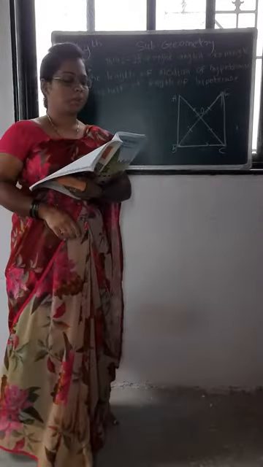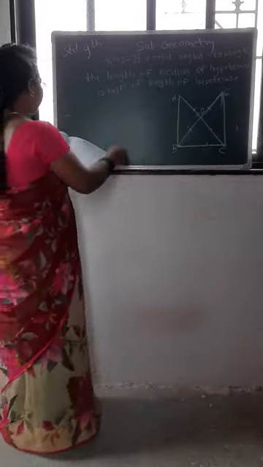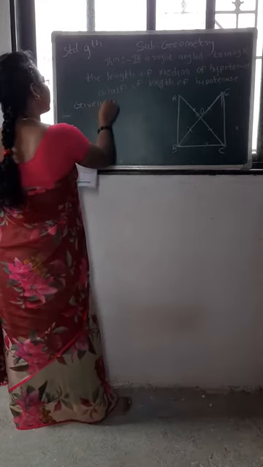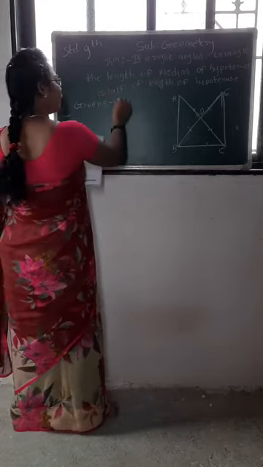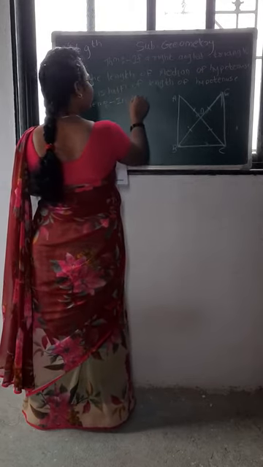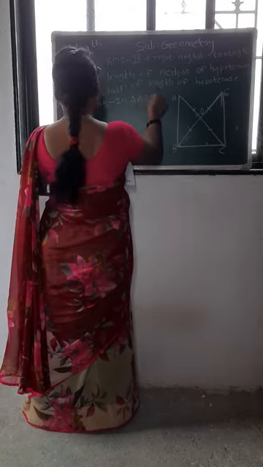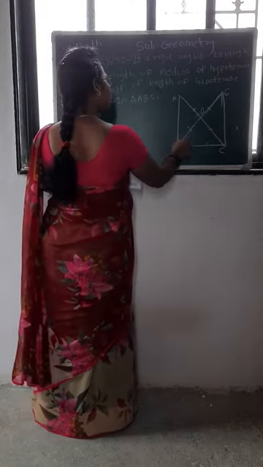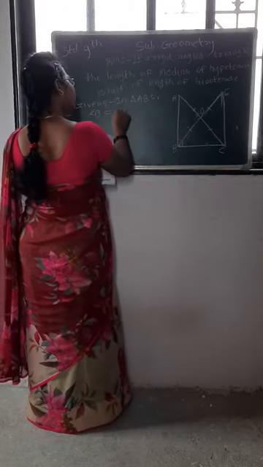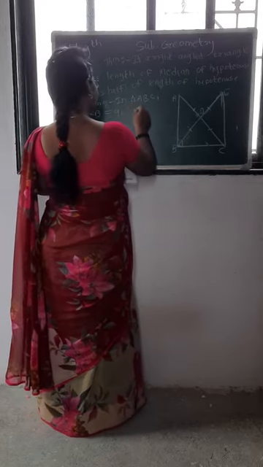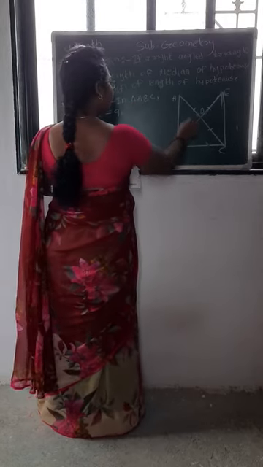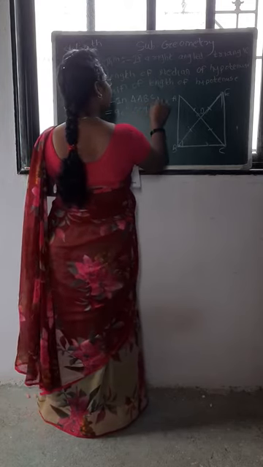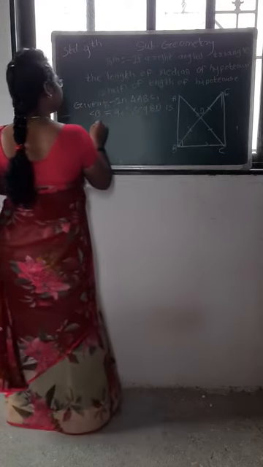Firstly we write the given of the theorem. Given: in triangle ABC, angle B is equal to 90 degrees, and segment BD is a median.